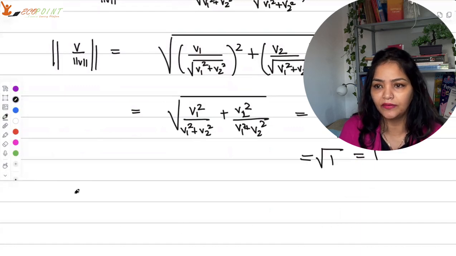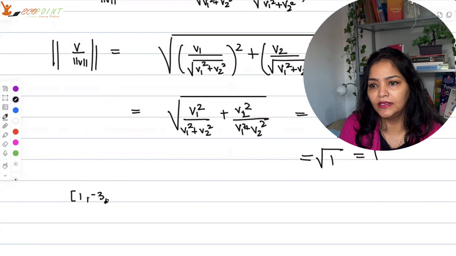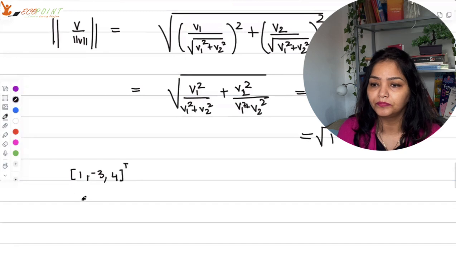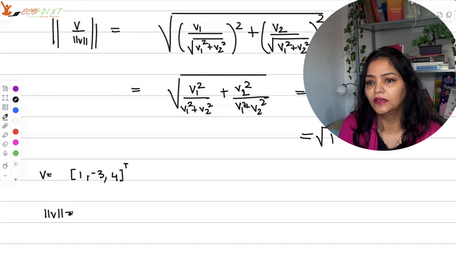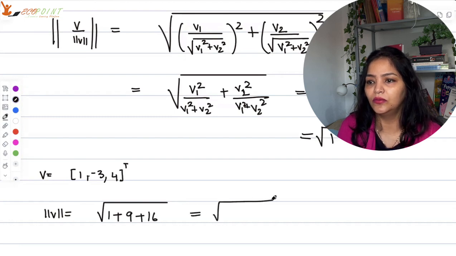For example, if I take in R3 the vector (1, -3, 4), transpose of that because we take column as our vector. So this is your v, and the norm of v will be the square root of 1 plus 9 plus 16. So this gives you the square root of 26.